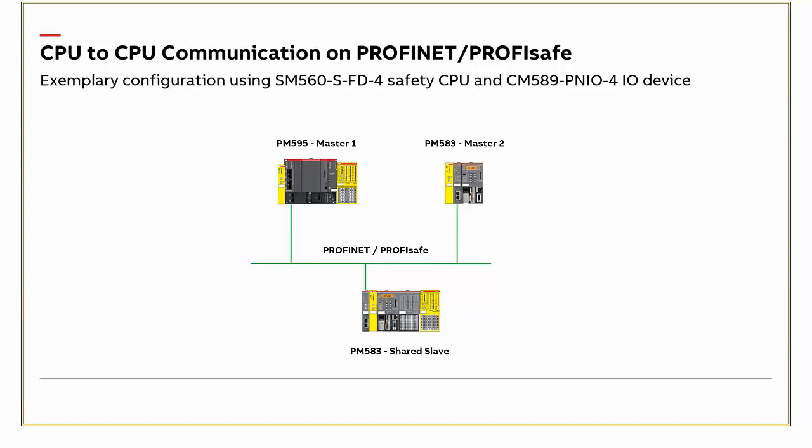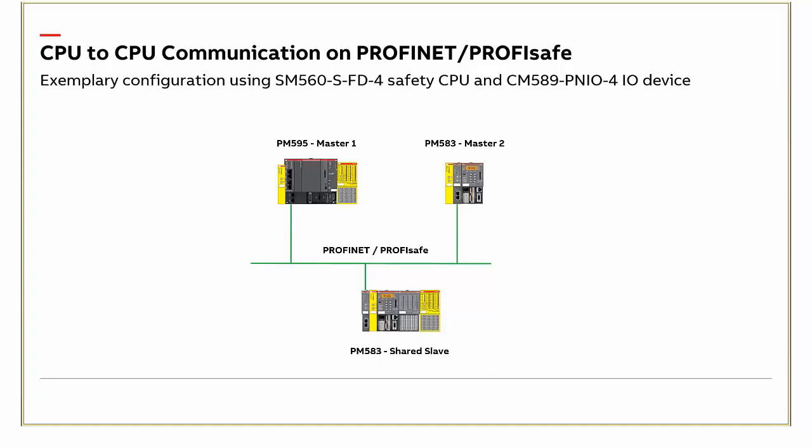In the next step we are going to switch over to the Automation Builder project. I've prepared 3 projects for 3 safety CPUs with all the basic configuration which is needed.